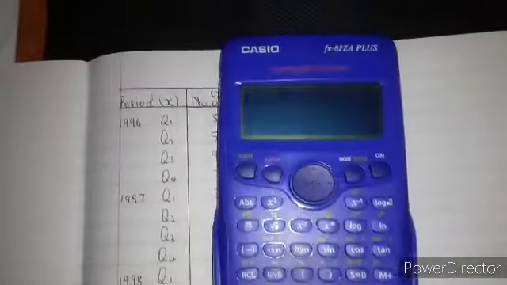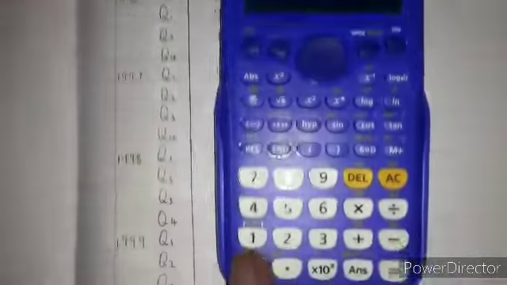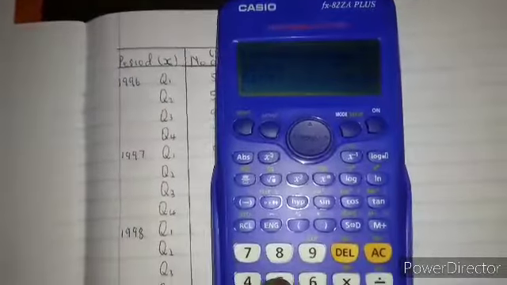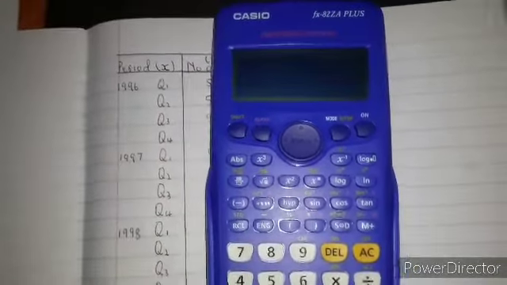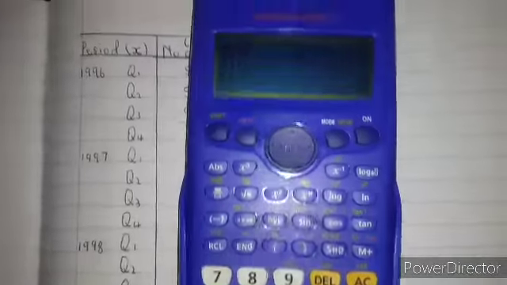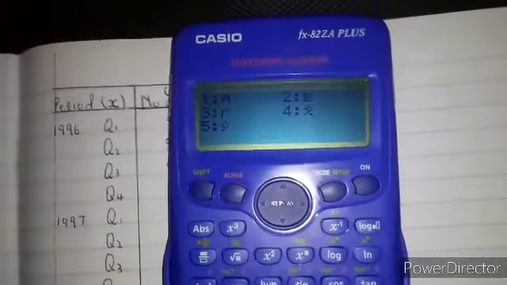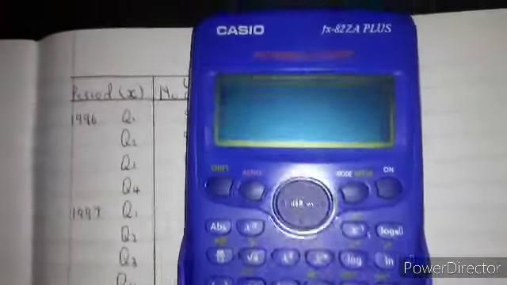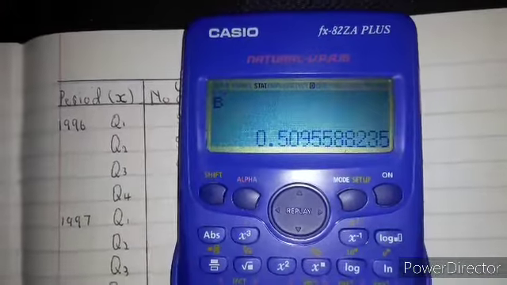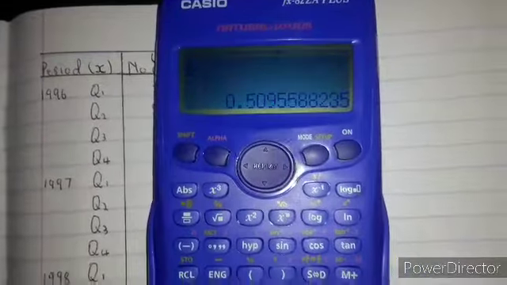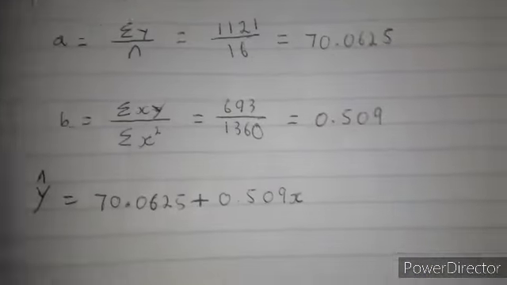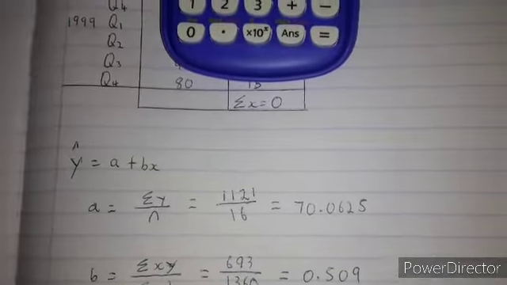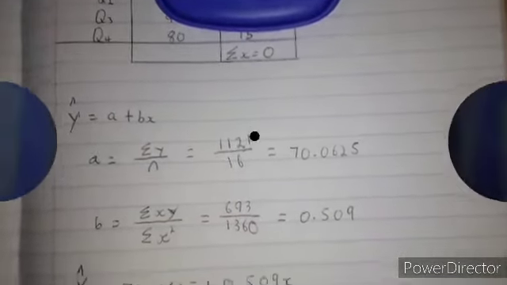Now let's check b. Shift 1, regression function number 5. b is option number 2. Press 2, then equal. 0.509. There's b, 0.509. I think I'm done here. Thank you.